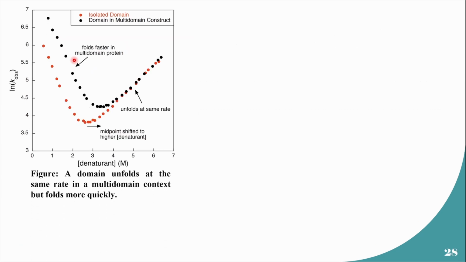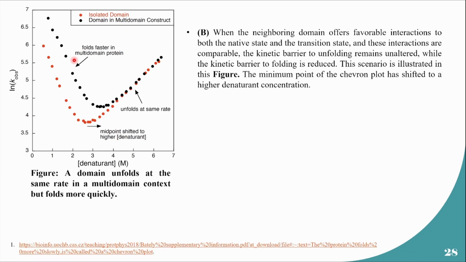In the next slide, we saw that the neighboring domain offers favorable interactions in both native as well as the transition states, and these interactions are compatible. Then the kinetic barrier to unfolding is unaltered while the kinetic barrier to folding is slightly reduced. So again, we are seeing this sort of pattern in this plot as well, right?